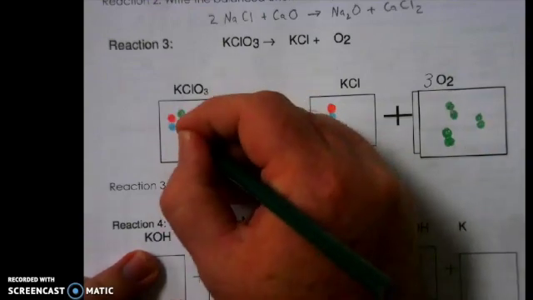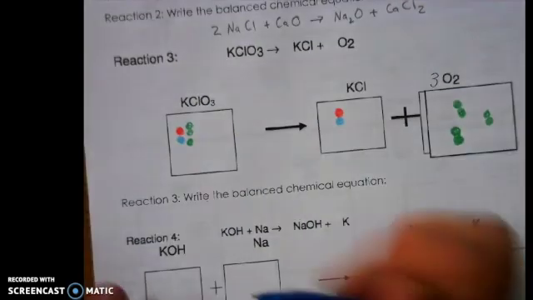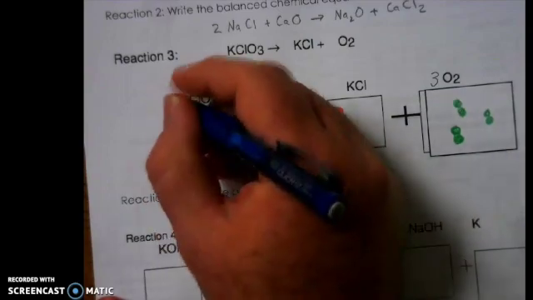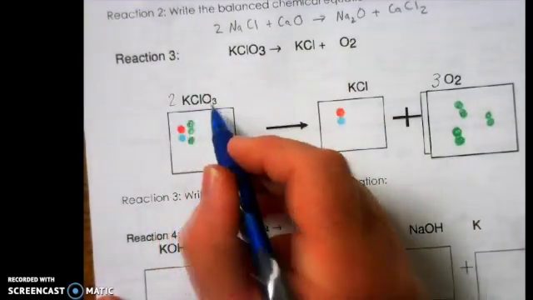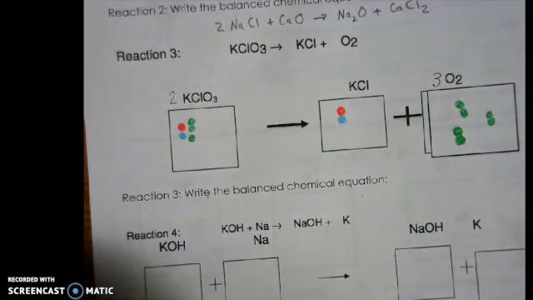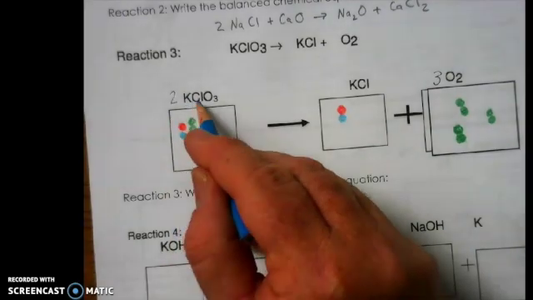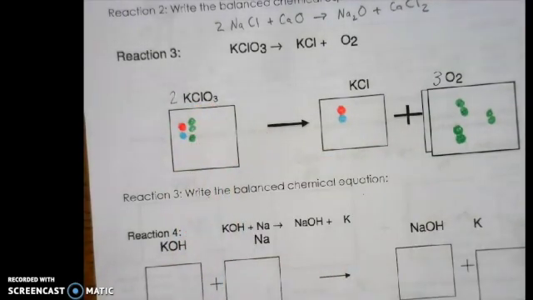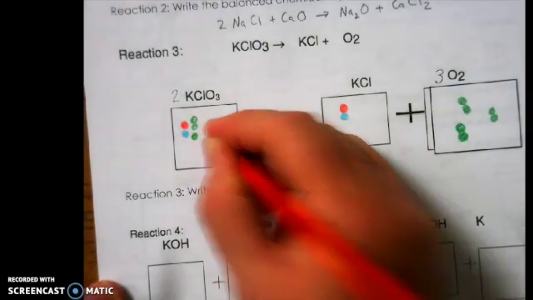Now over here, we have 3 oxygen atoms. So if we want to turn 3 into 6, we're going to put a coefficient of 2 here. 2 times 3 will give us 6. So in order to do that, we're saying we have 2 KClO3 molecules. So we have to add that entire molecule to this side.